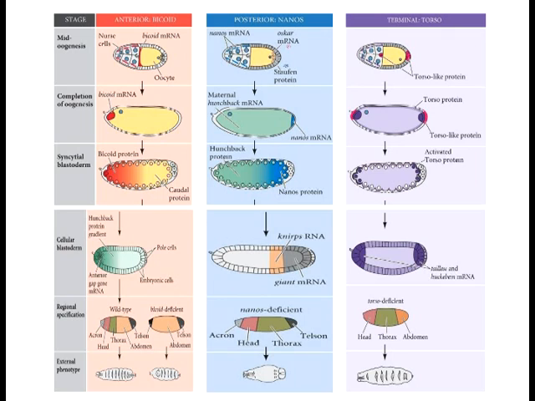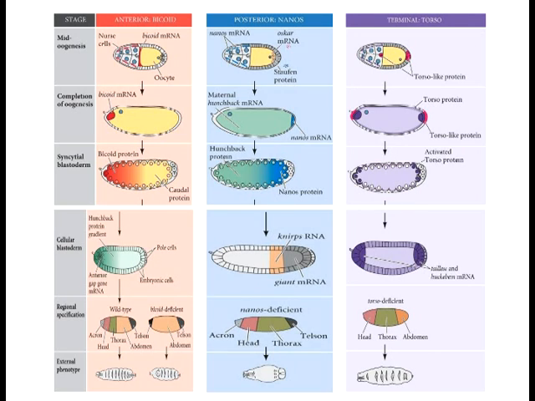High levels of bicoid in the anterior region, and it gets less and less as it moves more posteriorly through diffusion. On the opposite end, you have what we call nanos. Nanos messenger RNA again gets translated into nanos protein, and this diffuses as a morphogen gradient as well, from the most posterior end to the anterior. So eventually you have high levels of bicoid on the anterior, high levels of nanos on the posterior, and then it just slowly grades down, and that's why we call it a morphogen gradient.